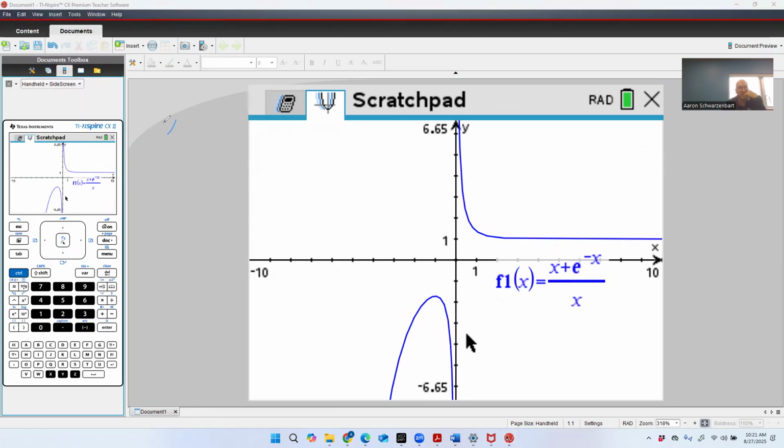So I had my x plus e to the negative x over x, and I'm looking at the limit as x approaches negative infinity. So x over x plus e to the negative x over x. And so that's 1. This goes to positive infinity. Remember that its graph looked like this. X goes to actually negative infinity.